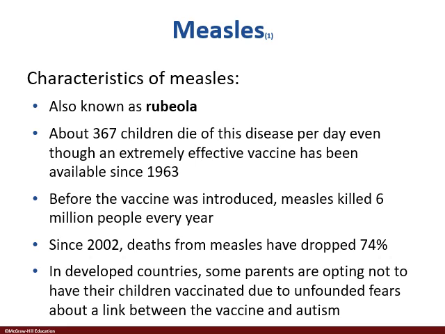Why did we come up with a vaccine for measles? Well, you look at that third bullet there. 6 million people. Not just children, adults were dying from this too, but 6 million a year. That's a lot of people. So they figured out to come up with a vaccine.